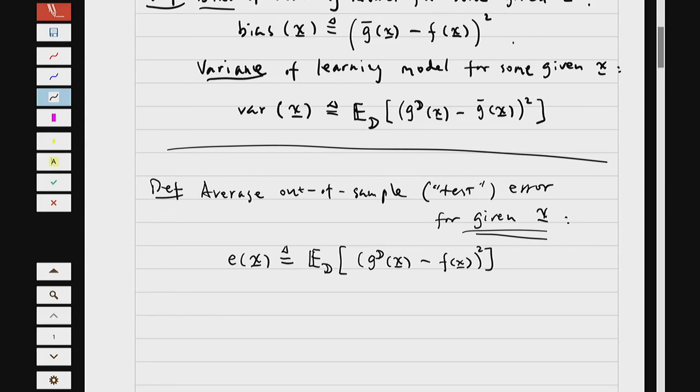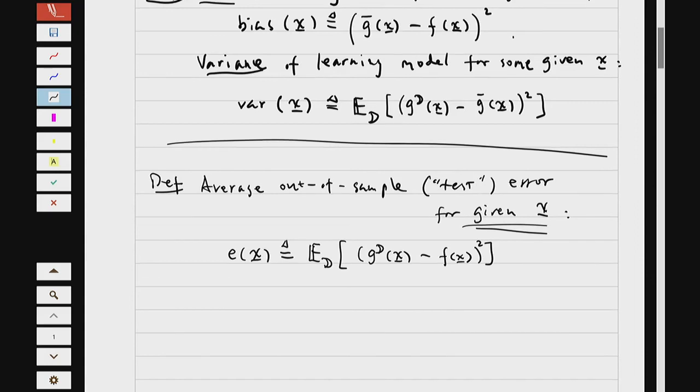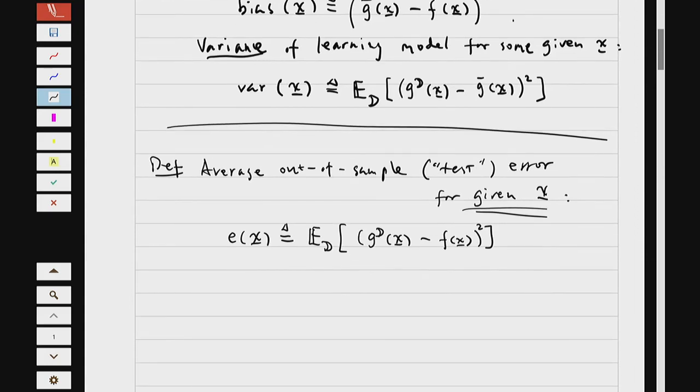So clearly we define this as our test error. The only new thing here is that we have to take the expectation over D, because again, this hypothesis depends on the training data points that we get to obtain this final hypothesis.